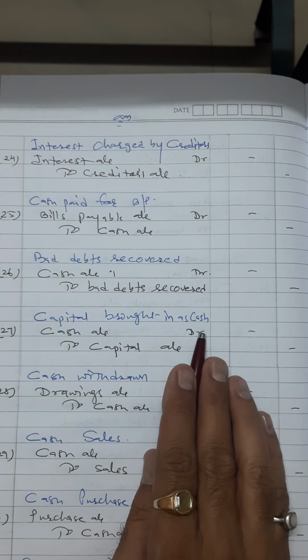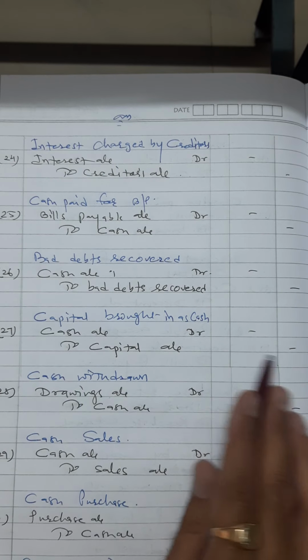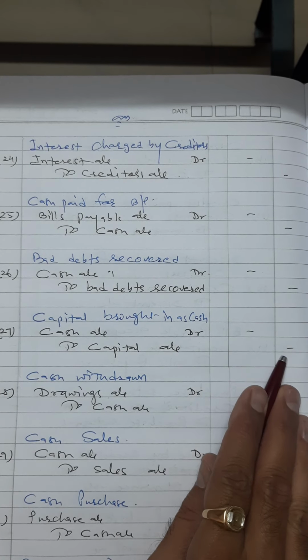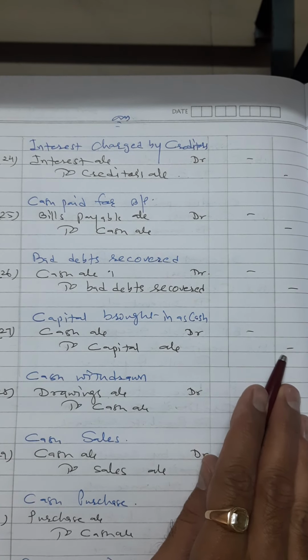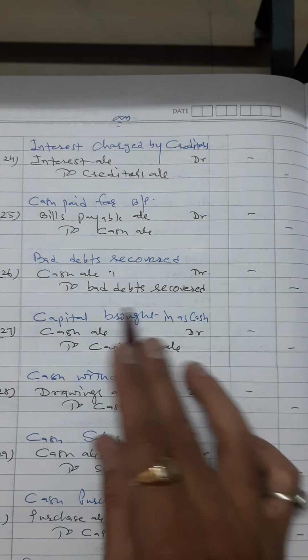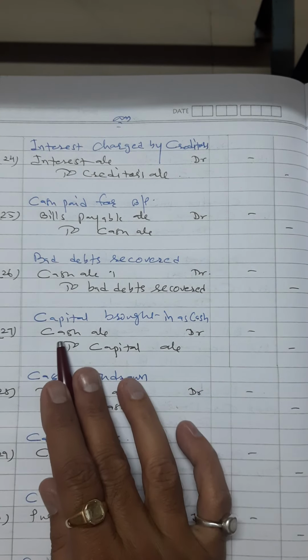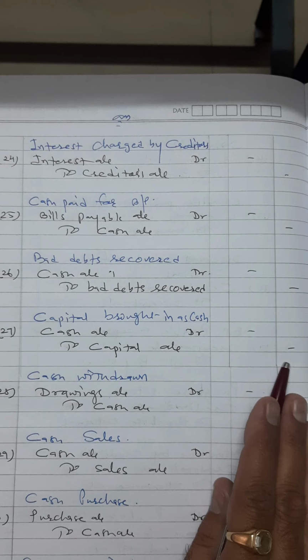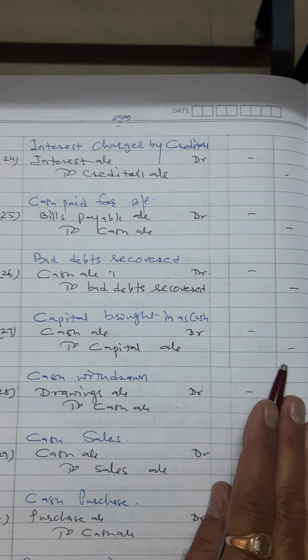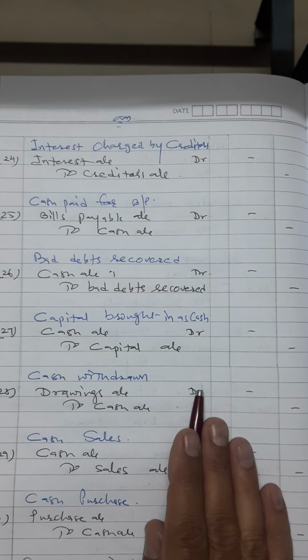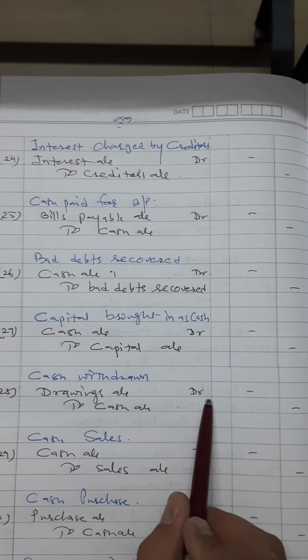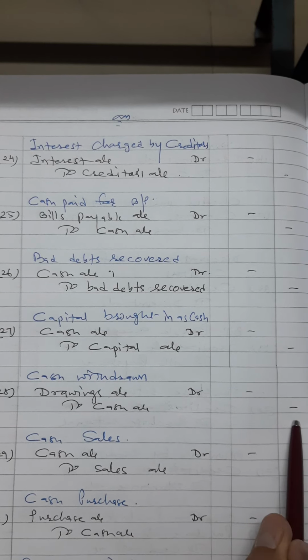Capital brought in cash, so cash account debit to capital account. If capital is withdrawn, then entry will be reversed, capital account will be debited and cash account will be credited. Drawings by owner, so drawings account will be debited to cash account.